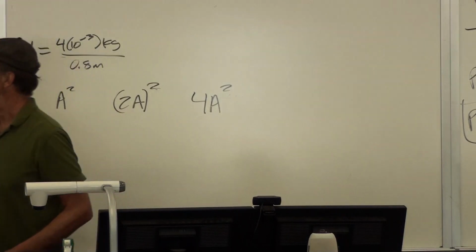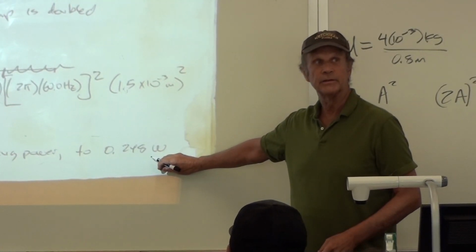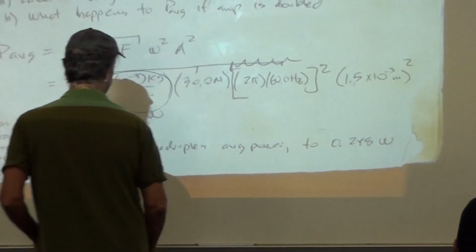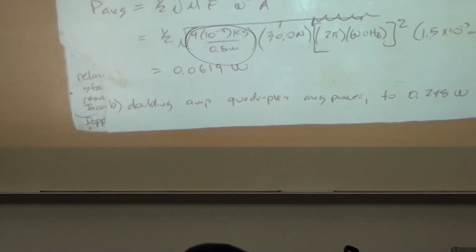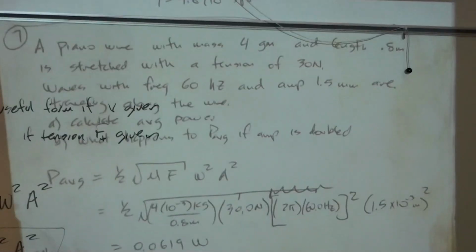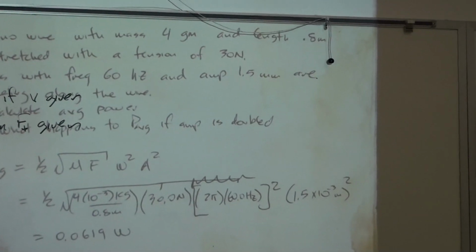That tells us the power is 4 times higher when we double the amplitude. That's that critical thing I talked about before, with power and energy being proportional to the amplitude squared. Are there any questions about applying what we've talked about so far to power?